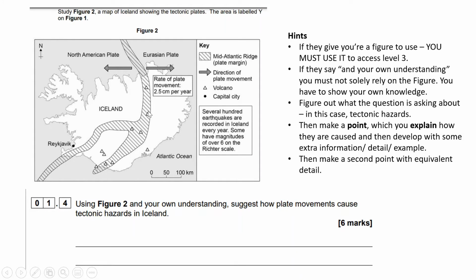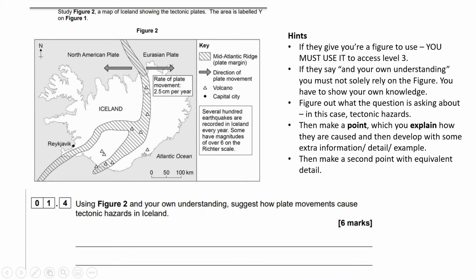And when you structure these points, you need to make a simple point, such as one tectonic hazard that Iceland has are volcanoes. Then you're going to explain how they're caused, so that takes probably a sentence or two, and then you can develop that with some extra information, detail or example.